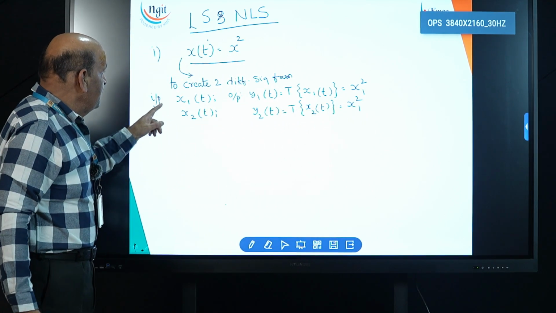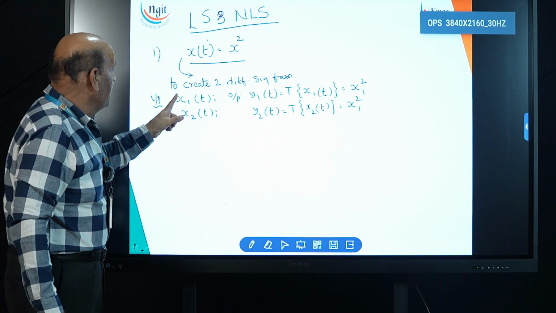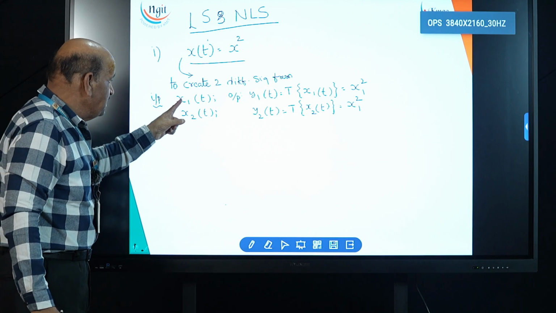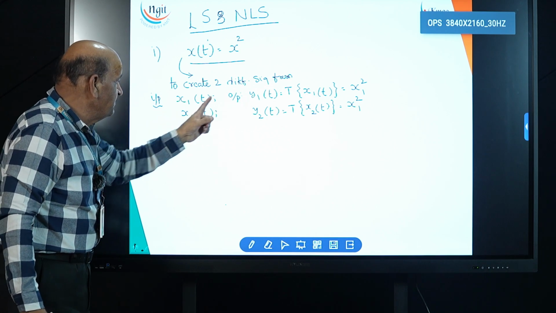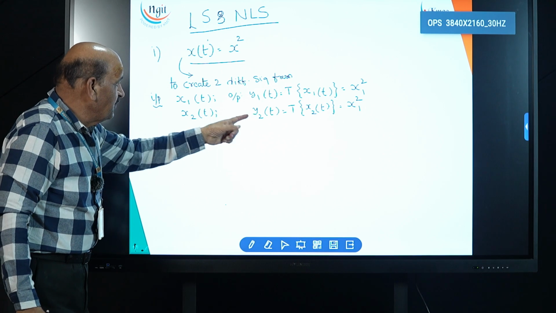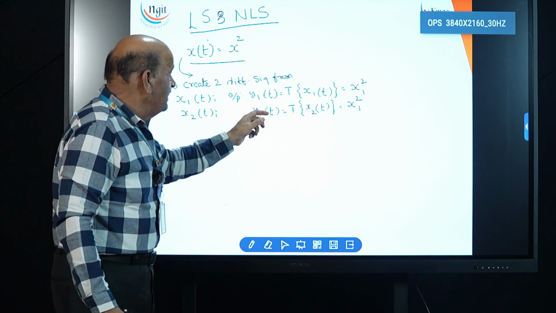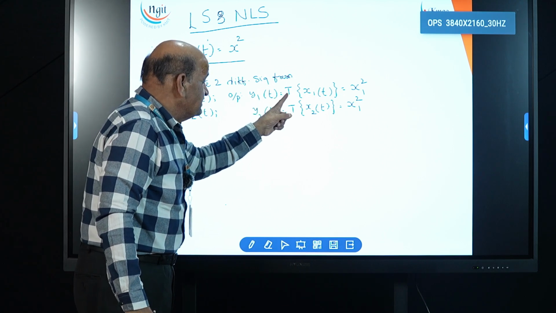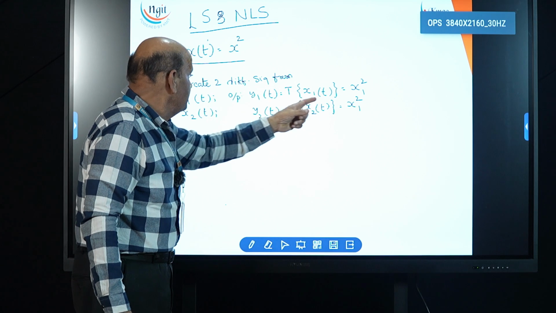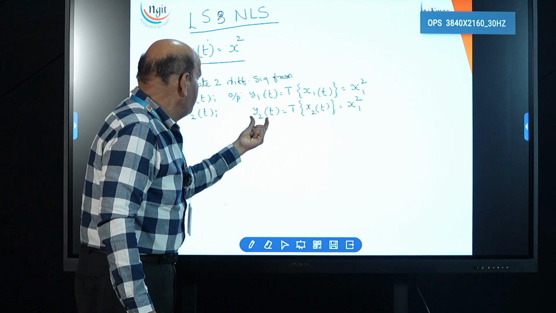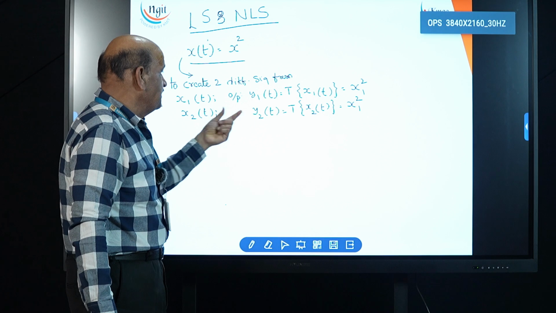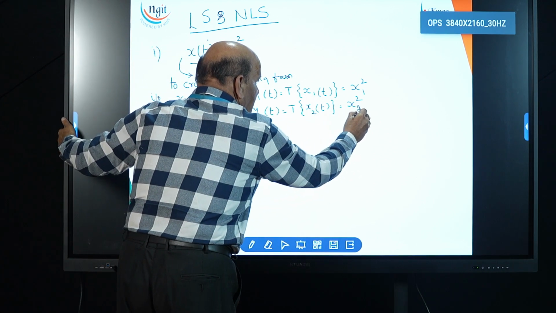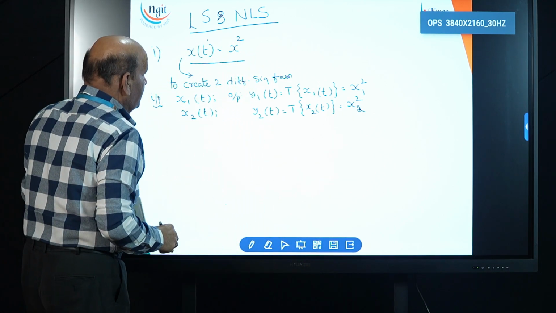Now just look at, a signal is given. From that signal we assumed two inputs. For each input there is a corresponding output. y2 is the transformation of the input x2 of t, that is x2 of t square.